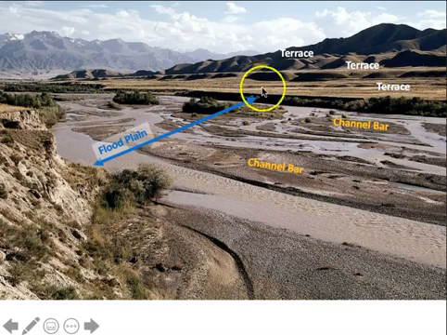So this is where the stream used to flow. Tectonic uplift in this region caused the stream to flow with more energy, caused it to do some down cutting. It cut down into that past floodplain, down to its new position here, leaving the old floodplain suspended above.